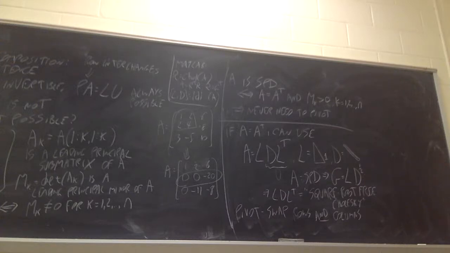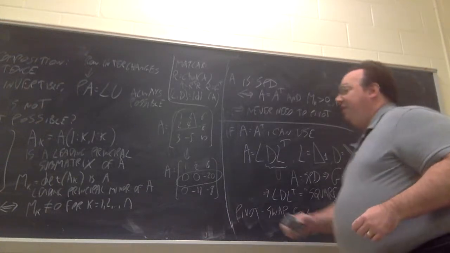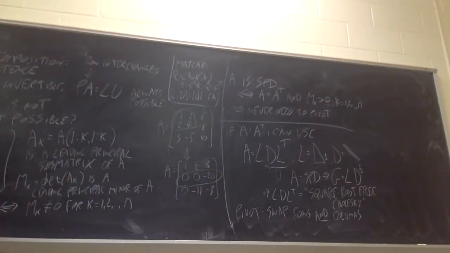Okay, so during the rest of the time, we'll talk about, instead of algorithms for solving Ax equals b, how we study the accuracy of such algorithms, and how we get a handle on the error that can occur from these methods, because you're doing floating point arithmetic.